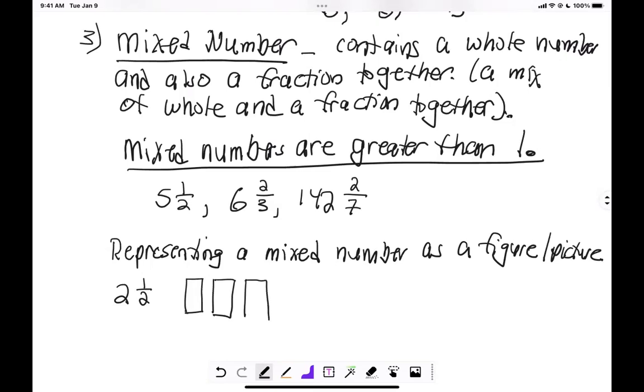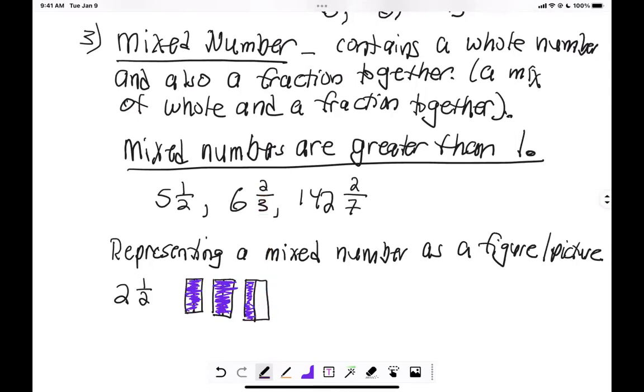Again, they're supposed to be the same size, even though mine's not. Let me fix that one though. All right, how would I take that and represent 2 1/2? Well, I know I have 2 wholes. So I have this whole, I have this whole, but then I only have a half extra. So that's my 2 wholes with an extra half, 2 1/2. Again, it doesn't have to be rectangles.